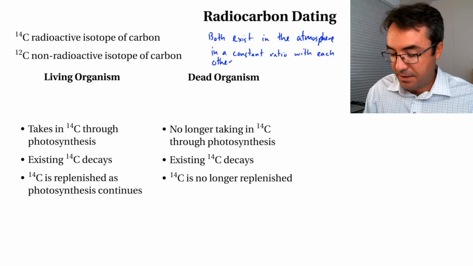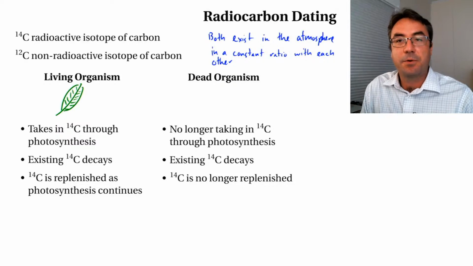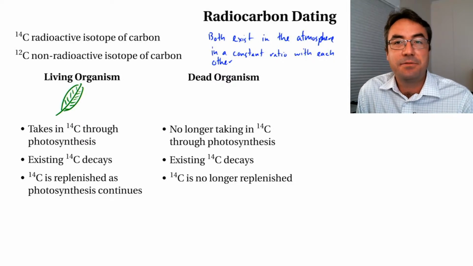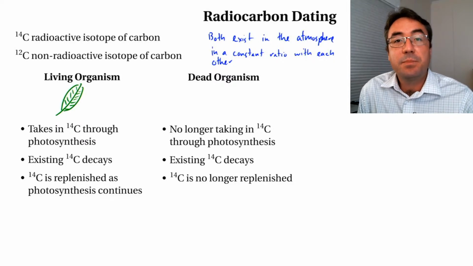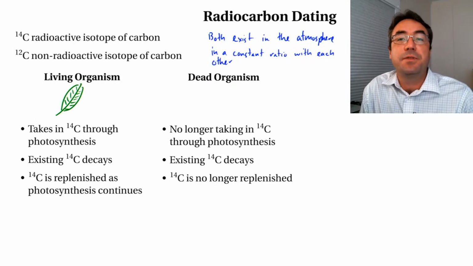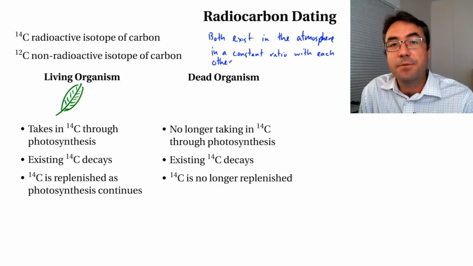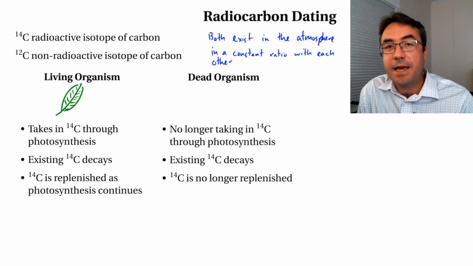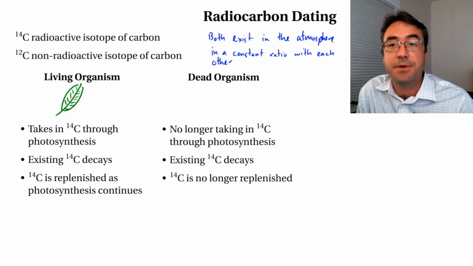Let's say we have a living plant. So it's going to be green here, and we're going to look in the context of a living plant that's undergoing photosynthesis. So the carbon-14, it's radioactive, it's in the atmosphere. The carbon-12 is non-radioactive, but it's also in the atmosphere.